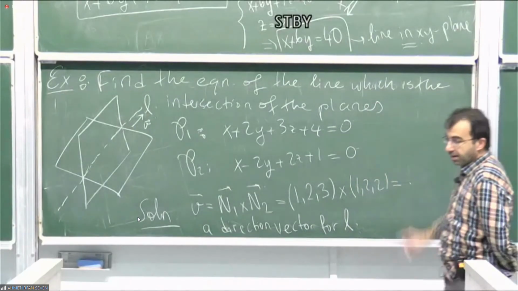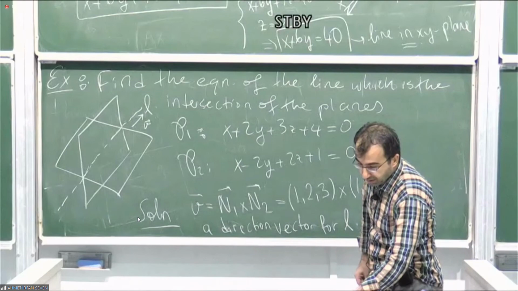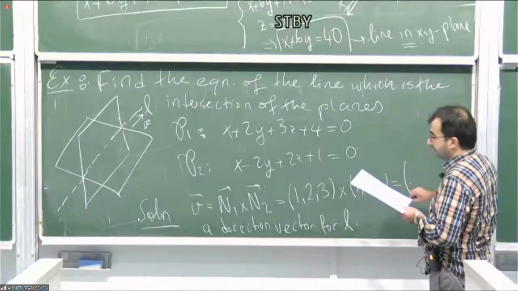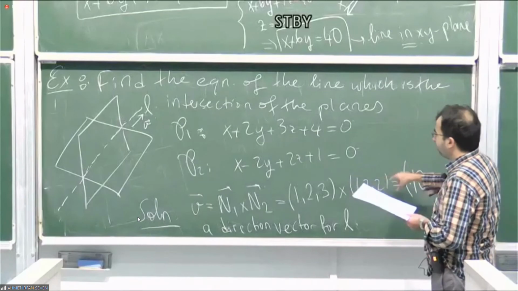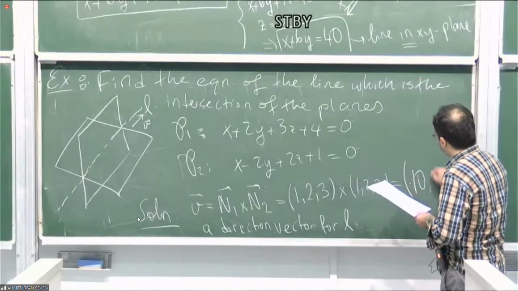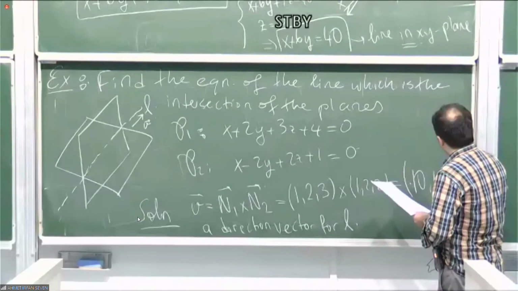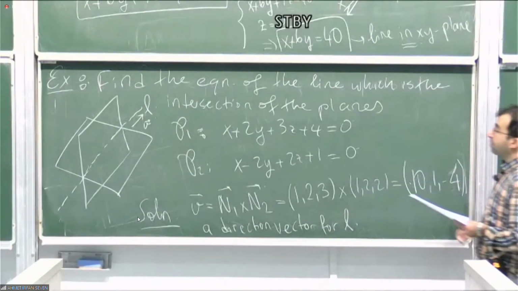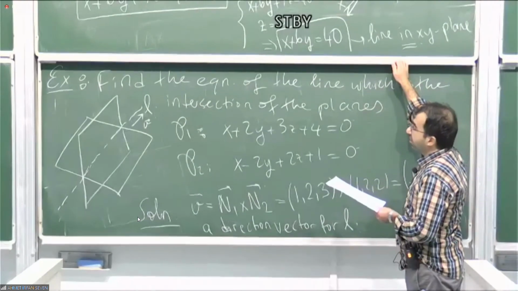Their cross product will be a direction vector V. Let me write it directly, you can compute it yourself: (10, 1, -4), if I am not mistaken. Okay, so this will be the direction vector for L.